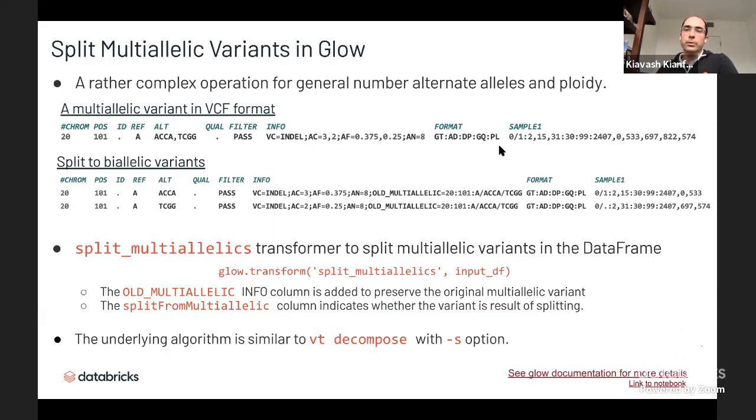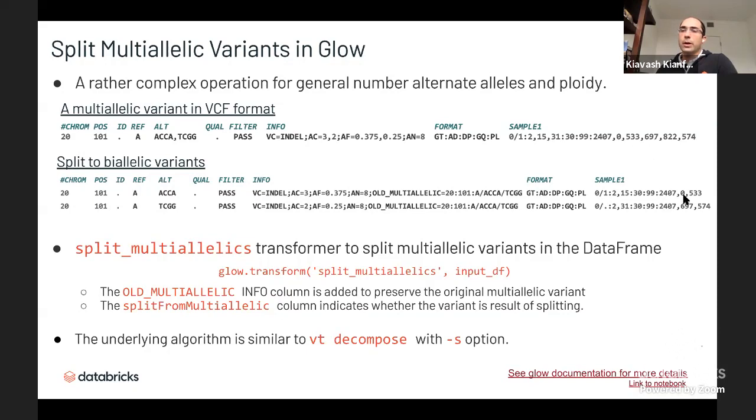info attributes, as well as what you have in your genotypes fields, properly between the two alleles. This process happens both on arrays, like here 3 and 2 is a split between the two variants accordingly in a correct format, as well as attributes like this in the genotype field, which are the probabilities which come in the colex order.